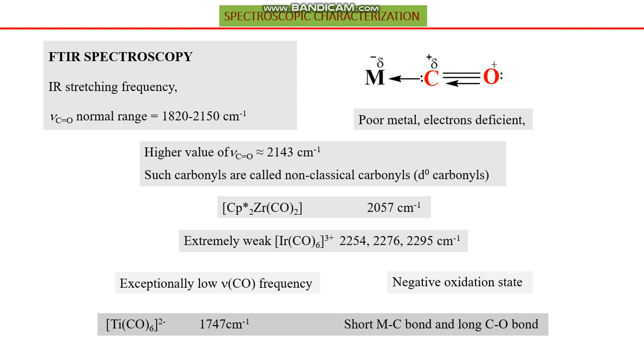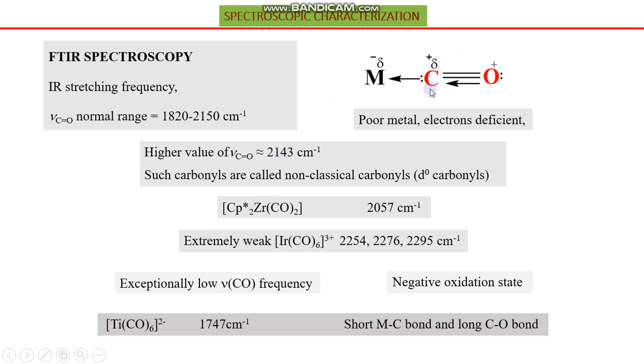So the carbon and oxygen bond has a certain stretching frequency, and for free carbon monoxide it is in the range of 2143 per centimeter. So this is free carbon monoxide, and it is clear that this is for gaseous carbon monoxide.